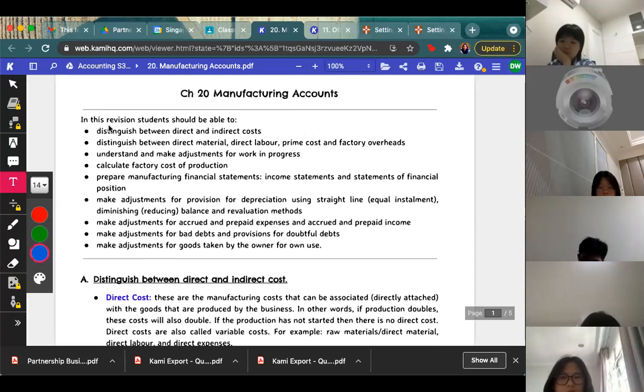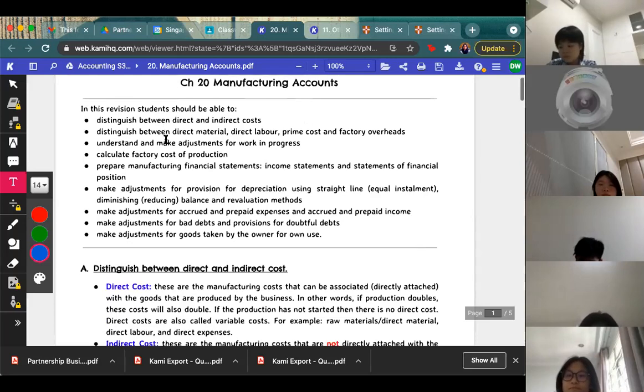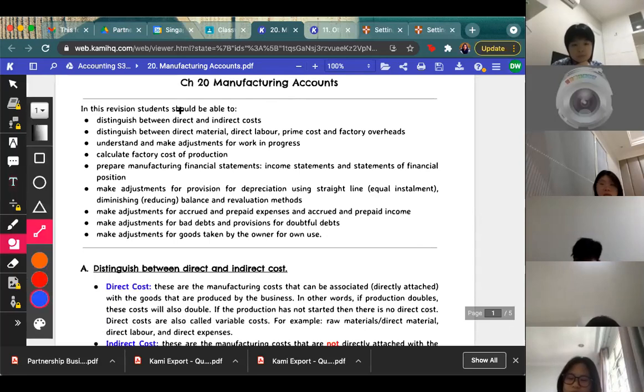Next, in this chapter you will study how to distinguish between direct and indirect cost. You will learn about direct material, direct labor, prime cost, and factory overheads. Then you have to be able to understand and make adjustments for work in progress.